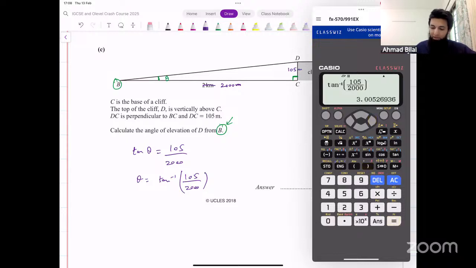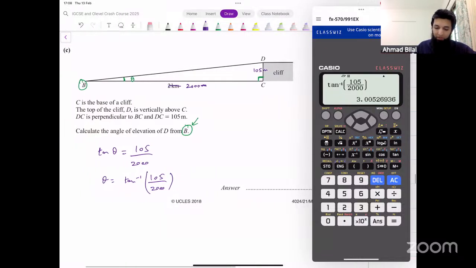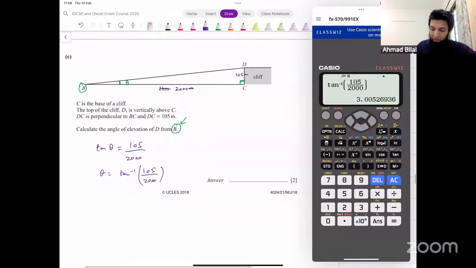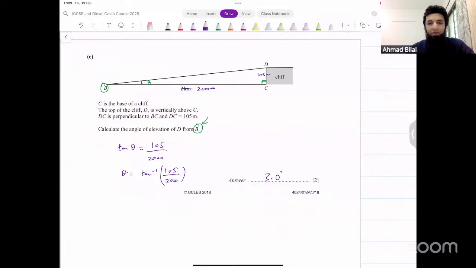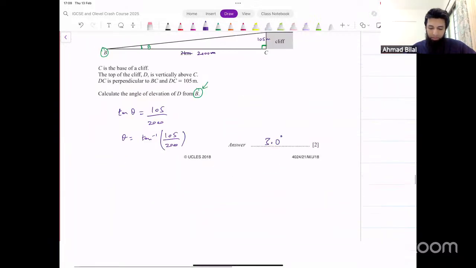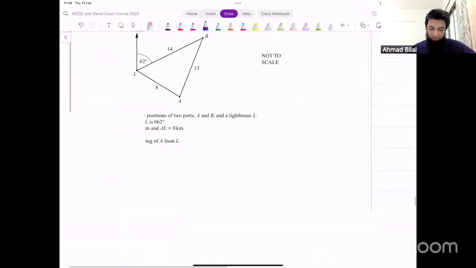Okay, and that turns out to be 3.00. And that's the result that you have. That's the angle of elevation, 3.0 degrees. That's what we were looking for. Okay. Now, let me see if I can find a more difficult one from here.